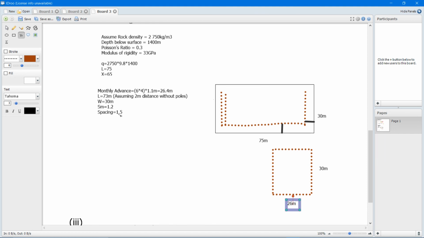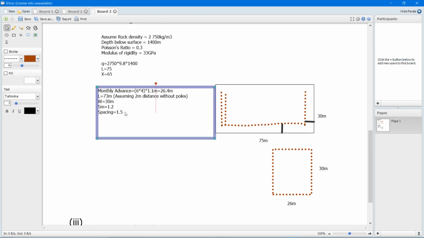And then you've got a spacing of 1.5, right? Now, this is just going to be some simple mathematics where we want to see how many poles are along the dip and how many poles are along the strike.